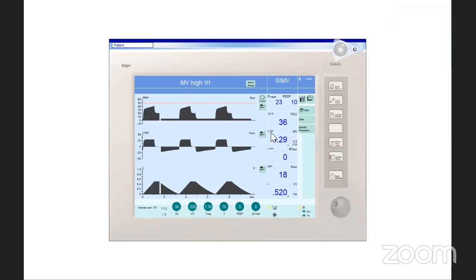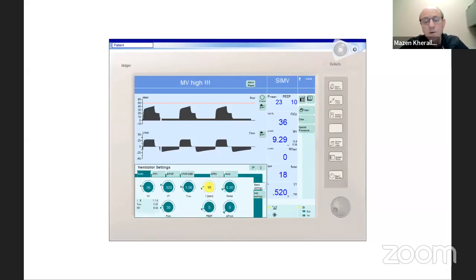With this 9 liters, he's able to have adequate ventilation, and the pH is 7.36. So if you decrease the minute ventilation below 9 liters, because you first mentioned that you're going to decrease the rate, I can do that easily here and go down on the rate to 12.